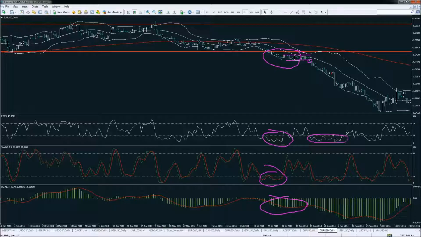This is a continuation over here, confirmed by the relative strength and the stochastic.